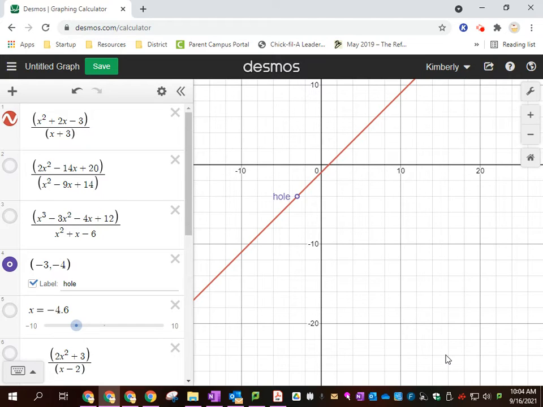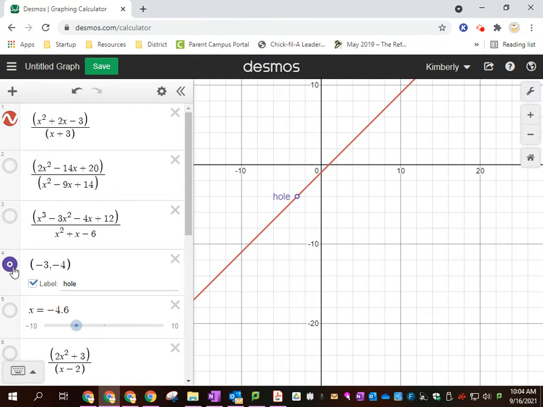So there's a break and then it picks back up. So holes will do that and the asymptotes will do that as well. All right, so we take a break at -3, then we pick back up at -3 and keep on going forever.